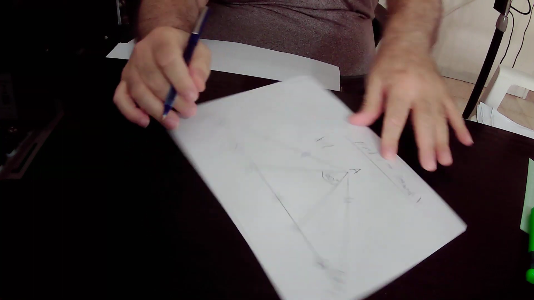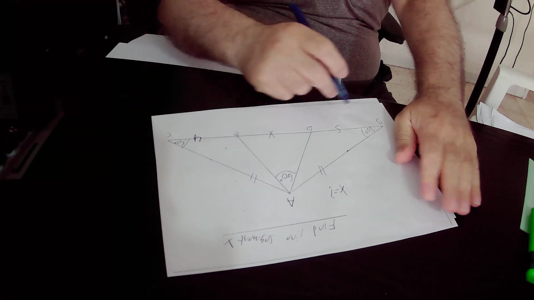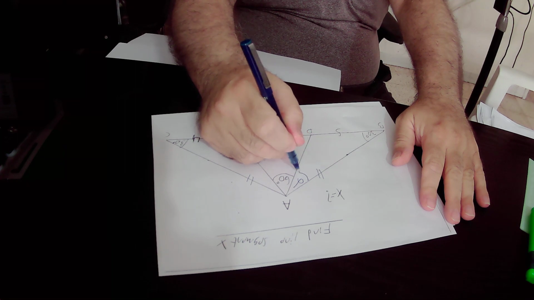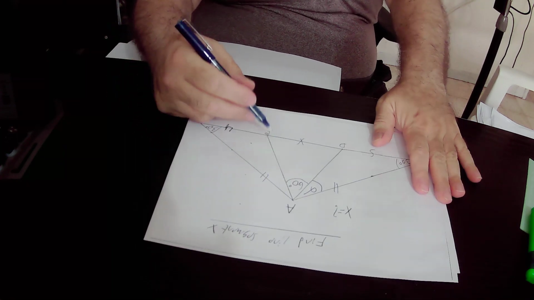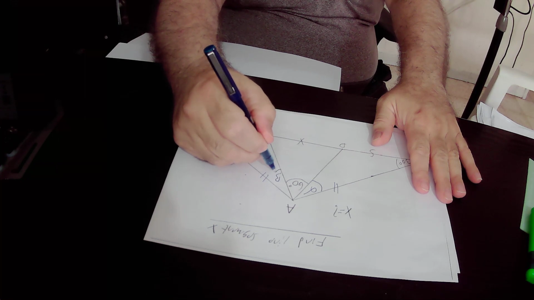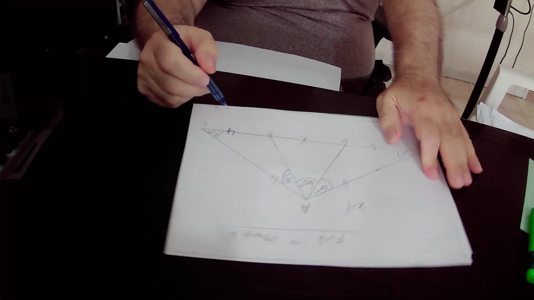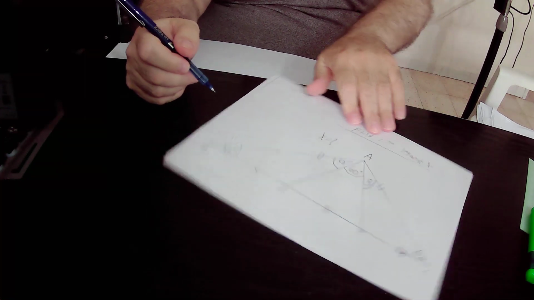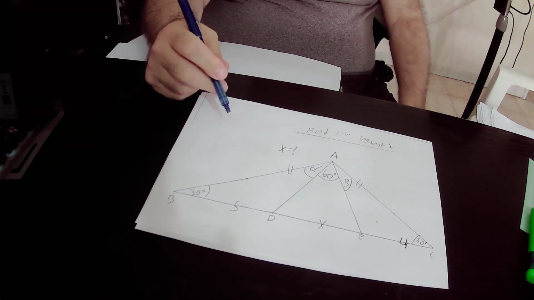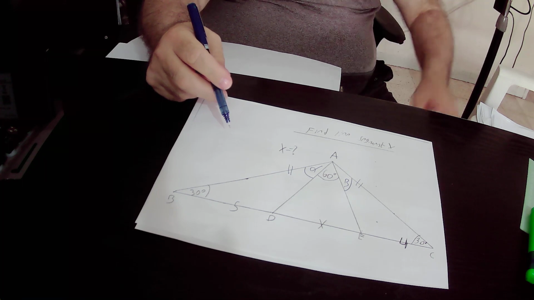In the next step we'll define angle BAD, this angle is alpha, and we'll define angle EAC, this angle is beta. And we know that the sum of the angles in any triangle, and especially in triangle ABC, must be equal to 180 degrees.